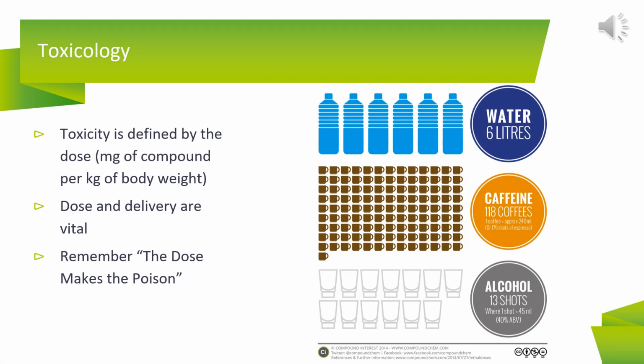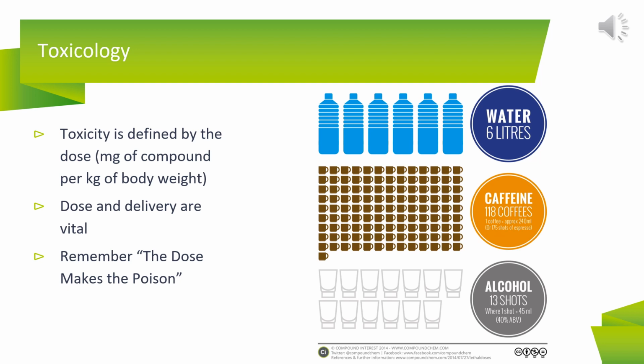Toxicology is defined by the dose, okay? And the dose is typically reported in milligrams of a compound per kilogram of body weight. So if you look here, this is a diagram of the common lethal doses for items that you may experience at some point in your lifetime. The last one definitely not at this point.